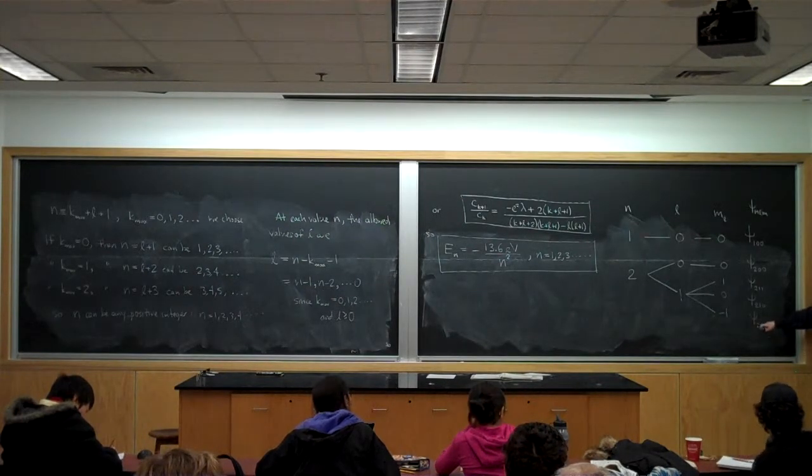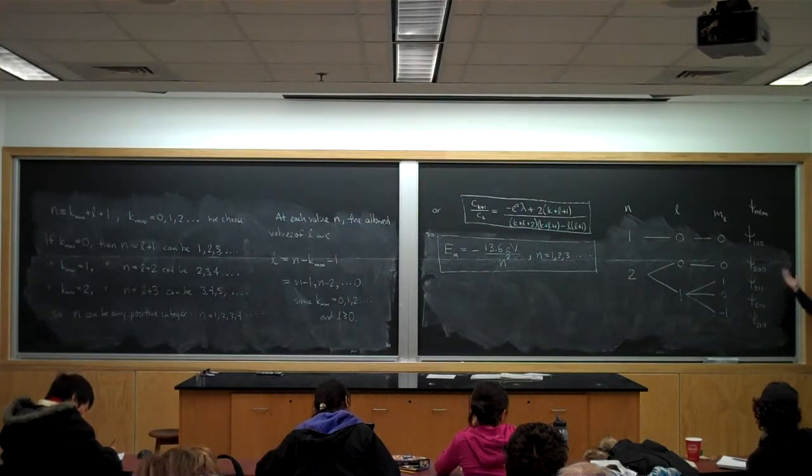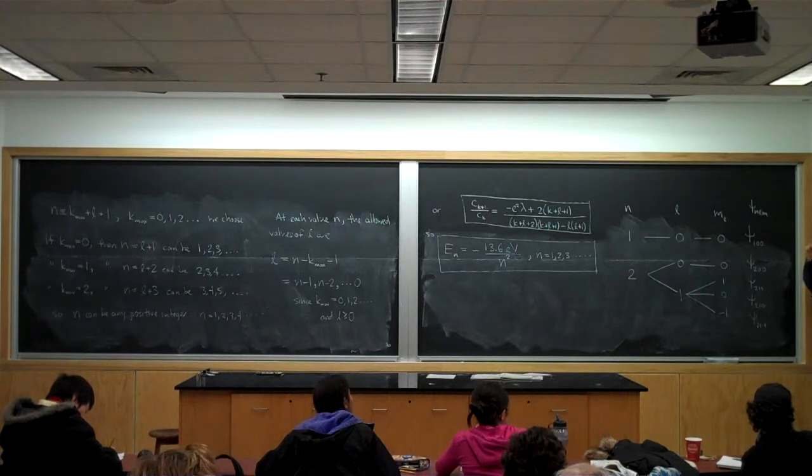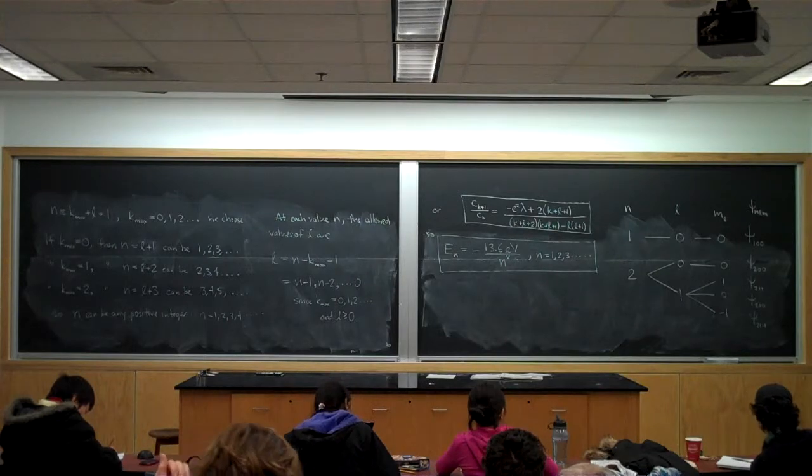People say, what is psi 2, 1, dash 1? No, that's psi 2, comma 1, comma minus 1. We often just don't bother with separating with commas. So if you see psi 2, 1, dash 1, that's n equals 2, L equals 1, m equals minus 1.